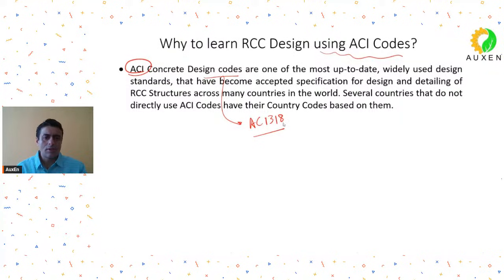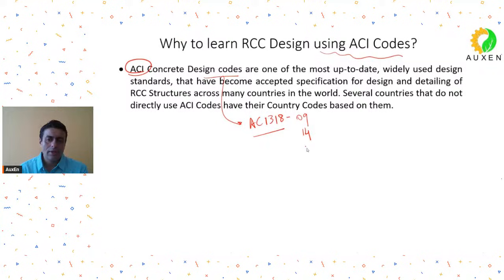But in general, you will see that these design codes are one of the most up to date and widely used design standards, because they have a fixed frequency of revision. For example, ACI 318 was revised in, I guess, 09. Then you had in 014.